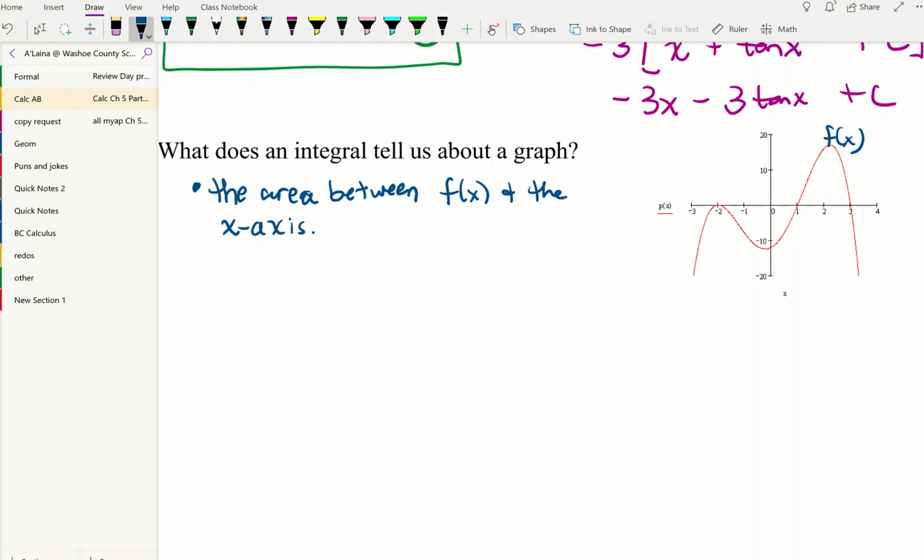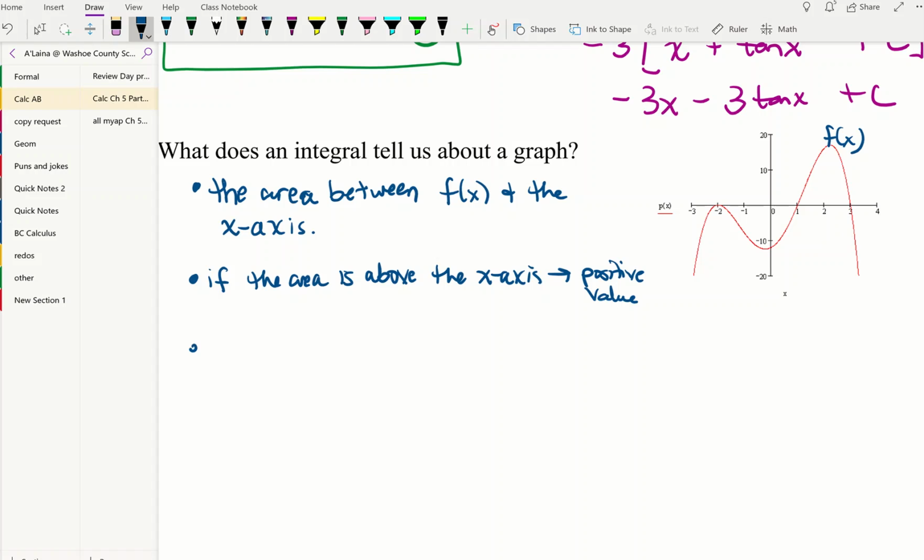And specifically, if the area is above the x-axis, then you're going to get a positive value.